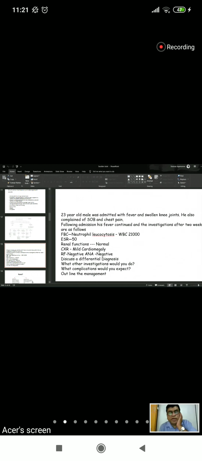Any non-infective cause anybody can mention? Well, the other differential diagnosis that goes close with this is adult onset, what you call as juvenile chronic arthritis or Still's disease, which is matching with this presentation.